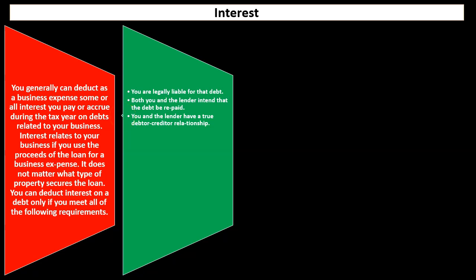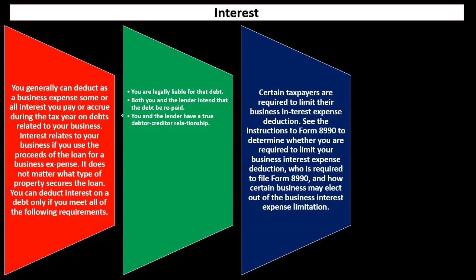You and the lender have a true debtor-creditor relationship. And again, things get more difficult to analyze when you're talking about people that are family or something like that, because then there's a question as to whether you have a business relationship, which you would think would be driven by market forces and whatnot, as opposed to other things driving the reporting.